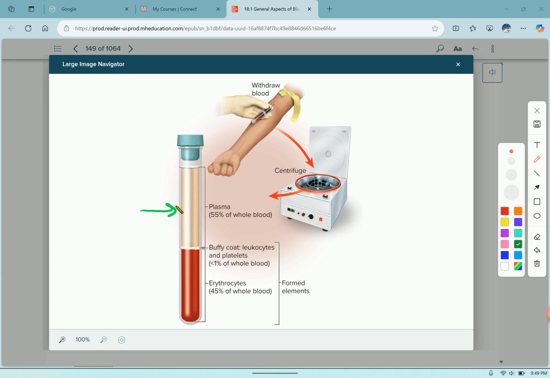Okay, plasma is all the yellow stuff that you're seeing there, and then you have the buffy coat, which is filled with leukocytes, which leuko means white, cyte means cell, so these are your white blood cells, and we're going to look at 5 different ones here in a little bit. And then your platelets are also found in the buffy coat.